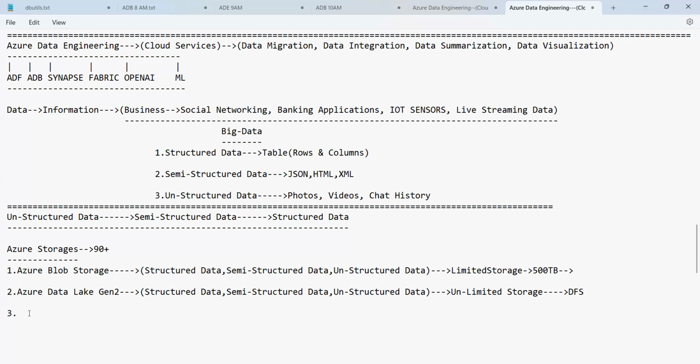Now, the next storage you have is Azure SQL DB. Azure SQL DB means Azure SQL database.